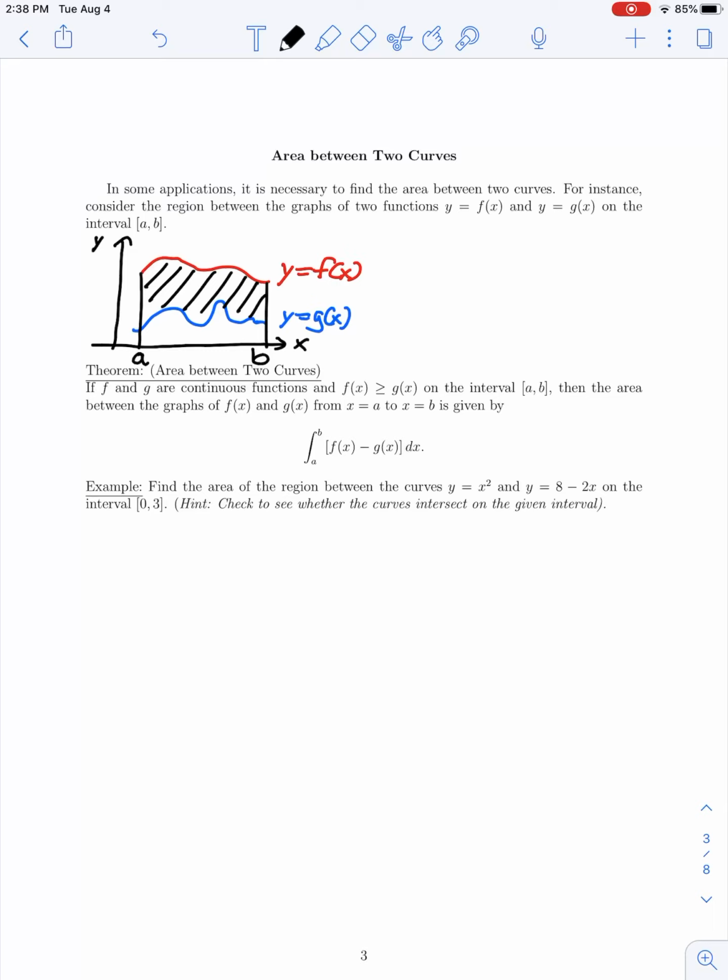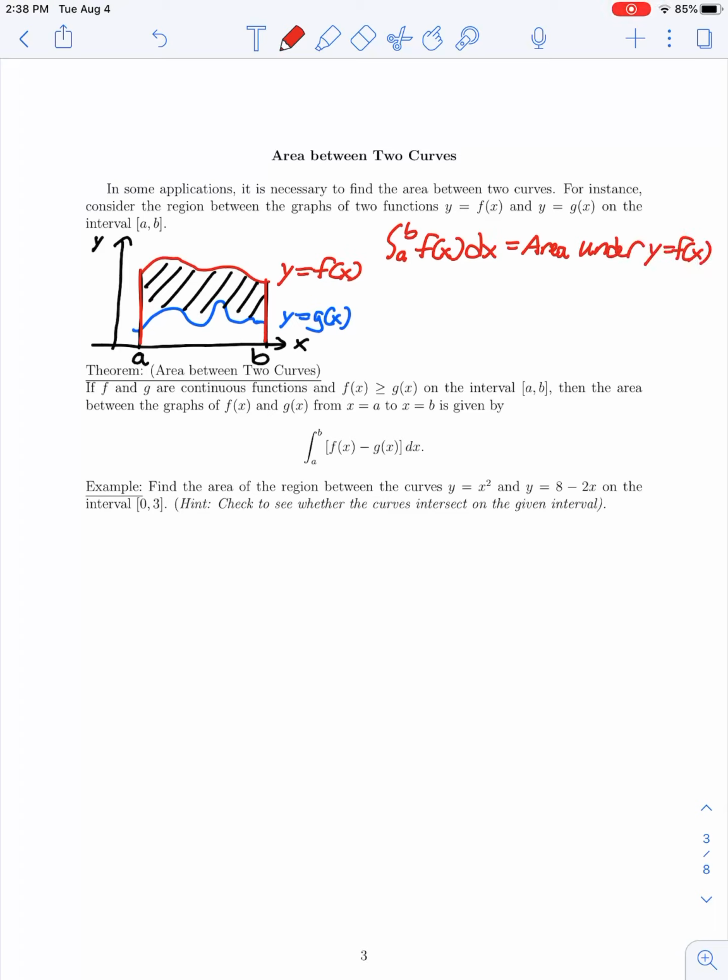Now we know that the definite integral of a function over some interval gives the area underneath that curve and above the x-axis. So if I were to consider the area of the entire region under the graph of f of x, which would be the integral from a to b of f of x dx, this would be the area under the curve y equals f of x.